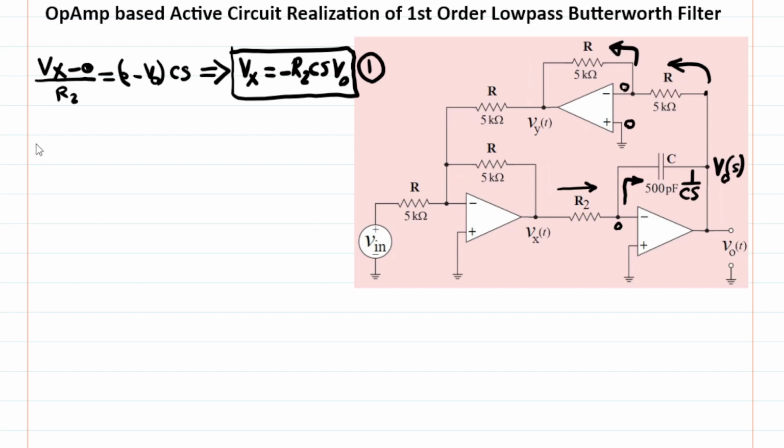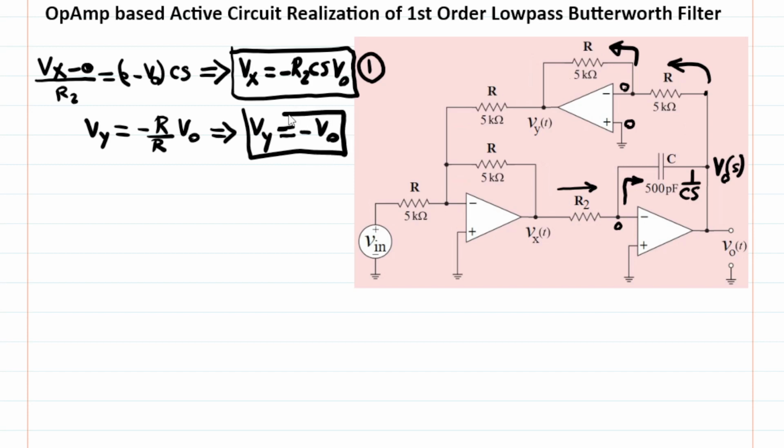So if you write a KCL, you will end up with figuring out Vy is equal to negative R divided by R times Vout. So from here, it's easy to conclude that Vy is just equal to negative Vout. Okay, so that's our second equation.